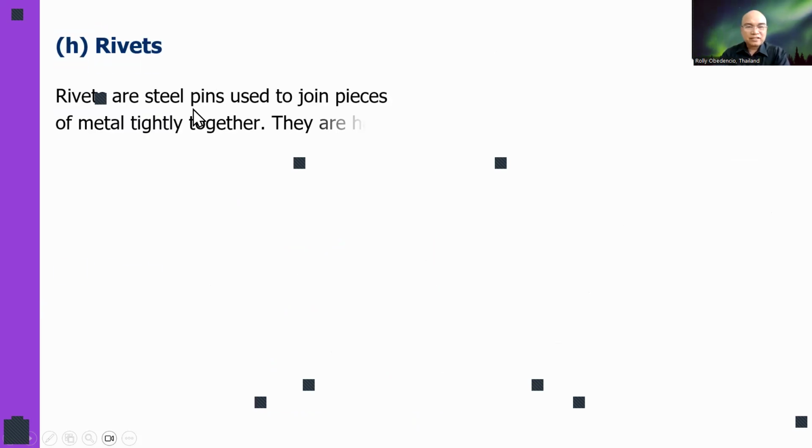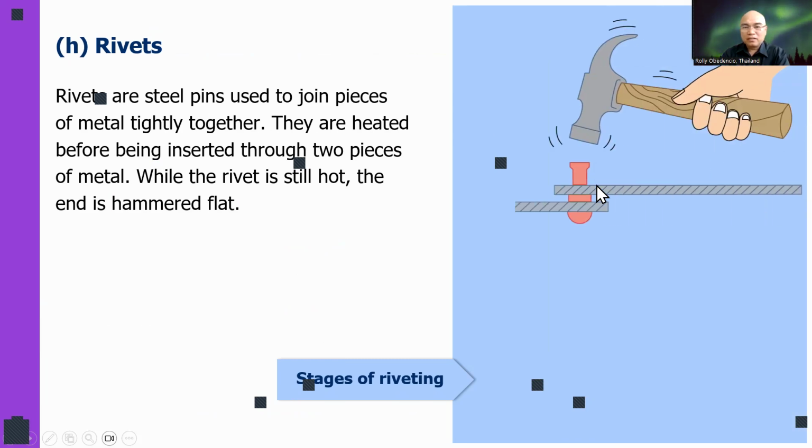What about the rivets? Rivets are short pins used to join pieces of metal tightly together. They are heated before being inserted through the two pieces of metal.